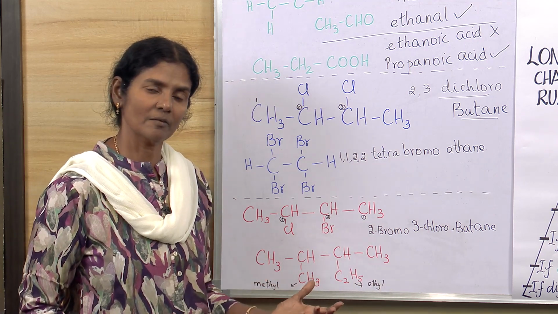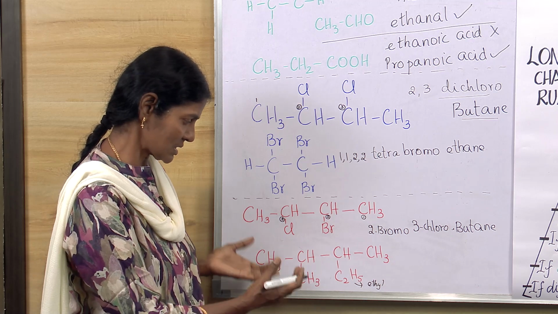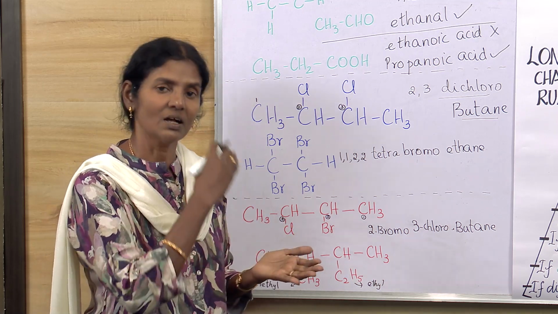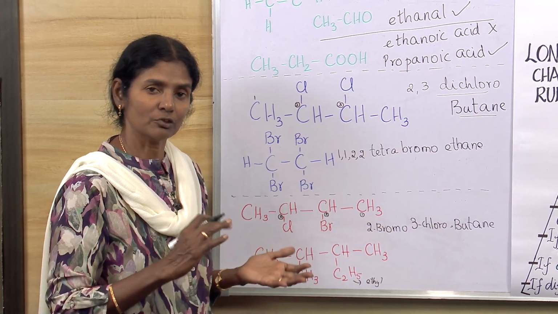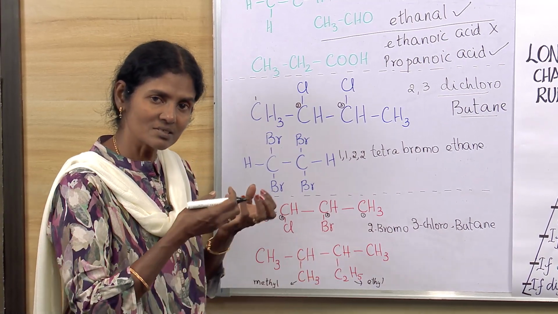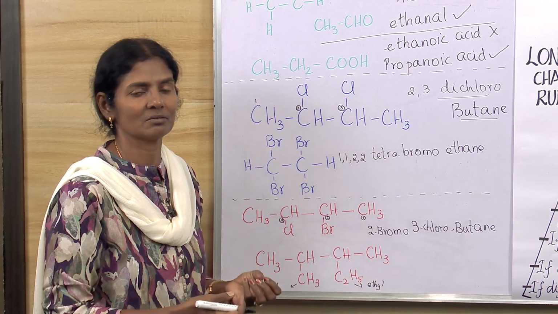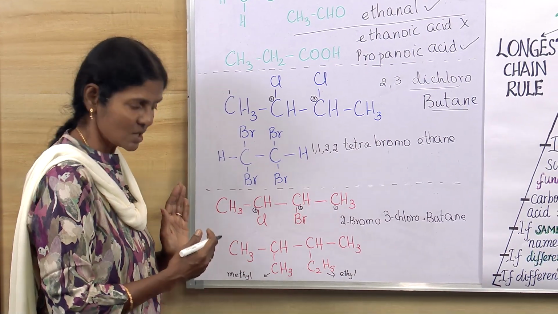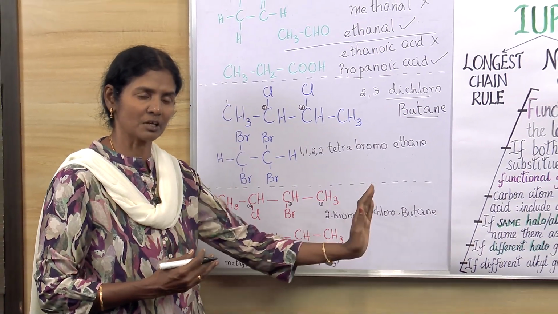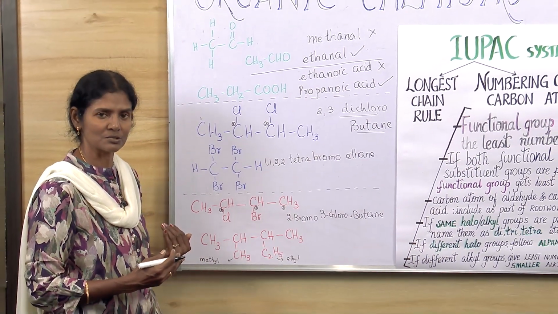Which is bigger? From the look you can say CH3 is smaller, ethyl C2H5 is bigger. If 2 alkyl groups are present, the smaller one gets the least number, the preference. Therefore, you start counting from left to right and not right to left.